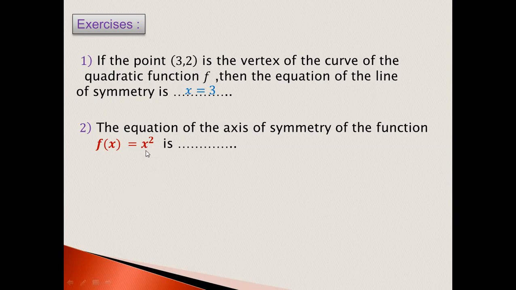But here we don't have the coefficient b, which represents the coefficient of the variable x. It's not here. That means b equals 0. So if we replace the letter b in the rule, negative b over 2a, the final result is going to be 0. That means the equation of the axis of symmetry is x equals 0.